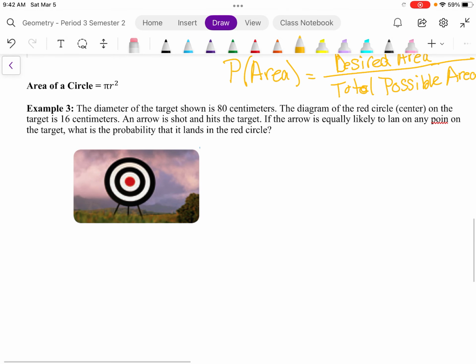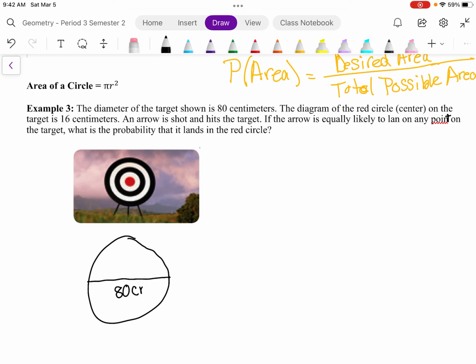So example 3, looks like I forgot a T there. The diameter of the target shown is 80 centimeters. So that means for this circle, all the way across is 80 centimeters. The diameter of the red circle in the center of the target is 16 centimeters.